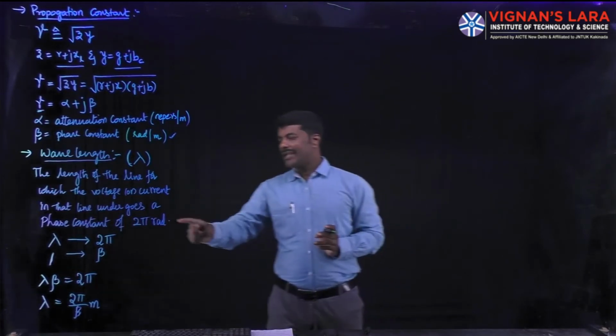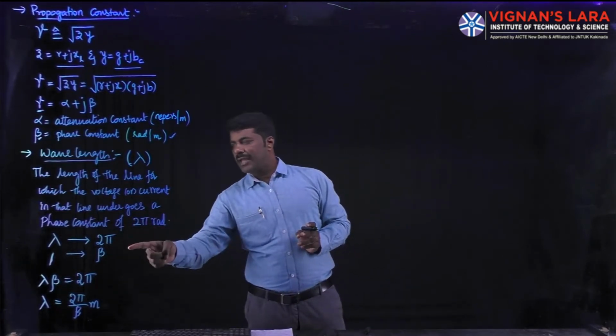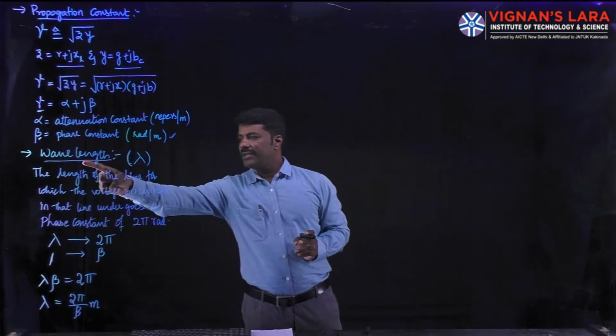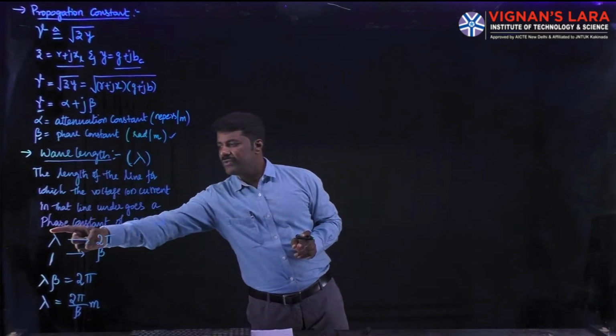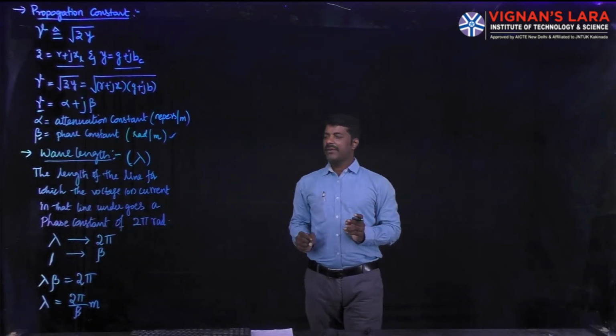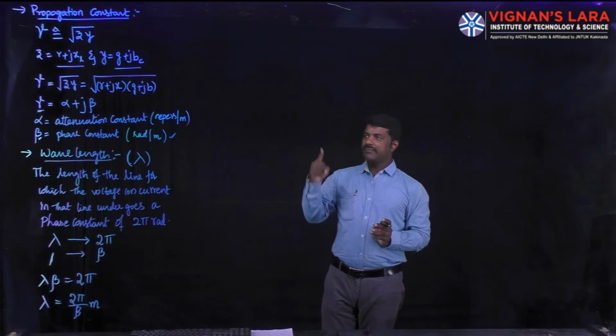So mathematically I want to correlate this wavelength lambda with phase constant beta, because the wavelength definition itself is related to the phase constant. That is why I want to give the mathematical formula for lambda in terms of beta.